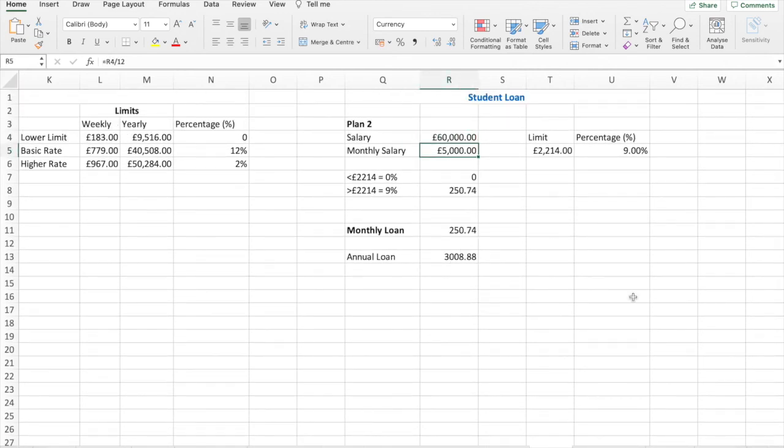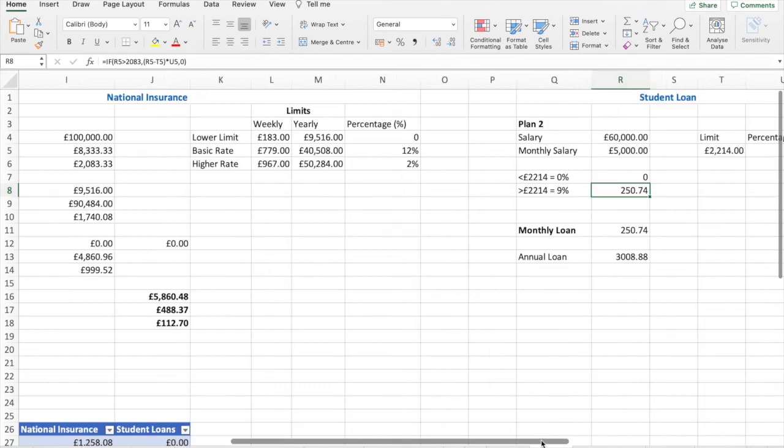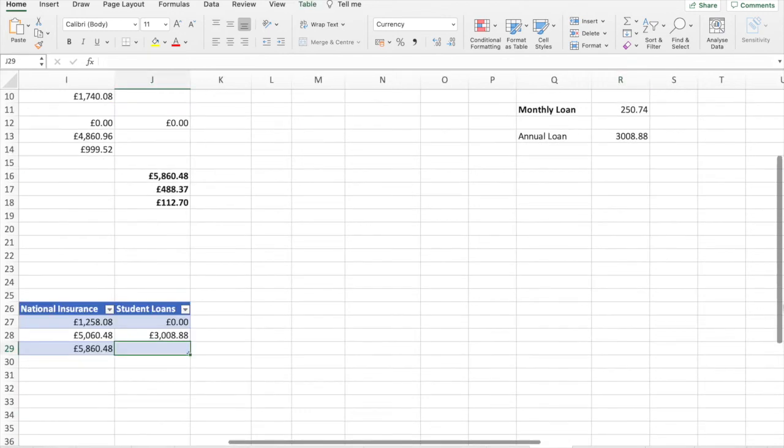Salary amount is 5,000 monthly, which is over the limit of 2,214. Hence, Sam would be paying 9% on this amount that's over. So Sam's repayment would be monthly of around £250 or a yearly amount of 3,008.